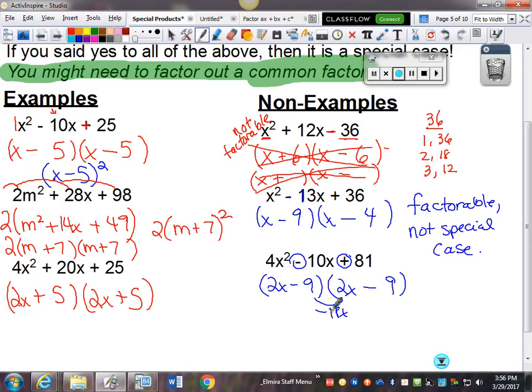So I can't take 9 times 2 is 18, negative 18, and double it and then get negative 10 somehow. Nope, this is not a special case. Not special. It is in fact not factorable. Okay?